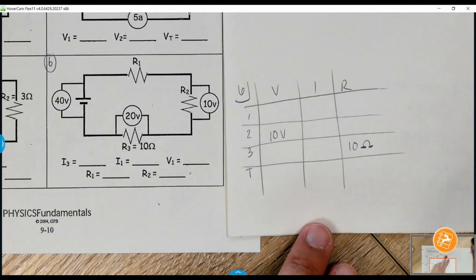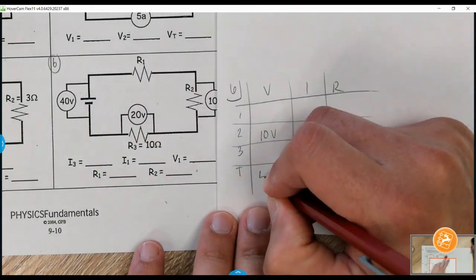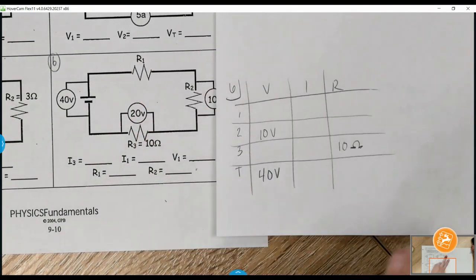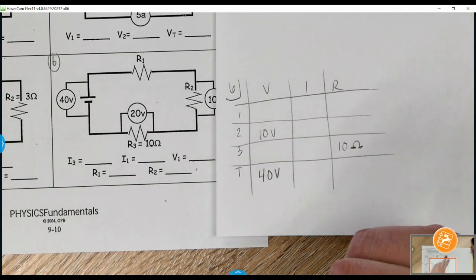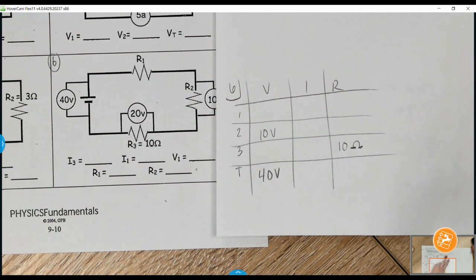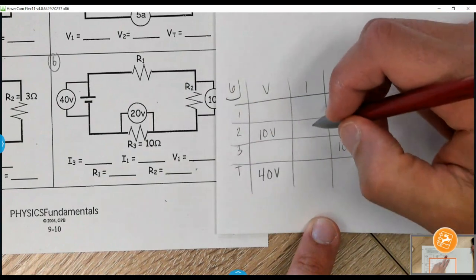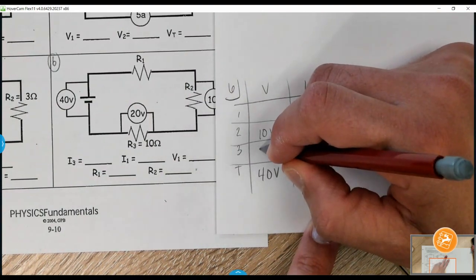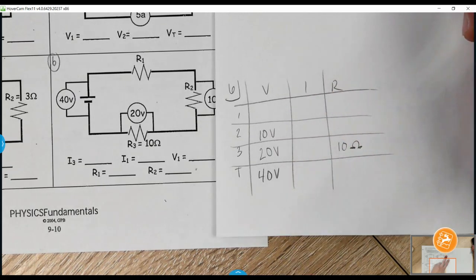VT, which is 40, because it's over the battery. And the last one, V3, because it's right over 3, and that is 20 volts.